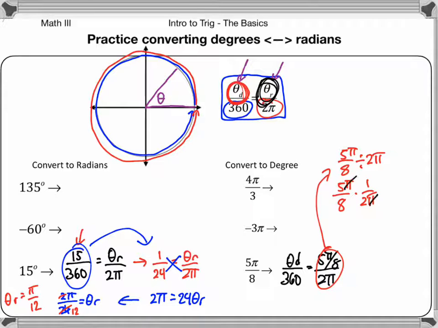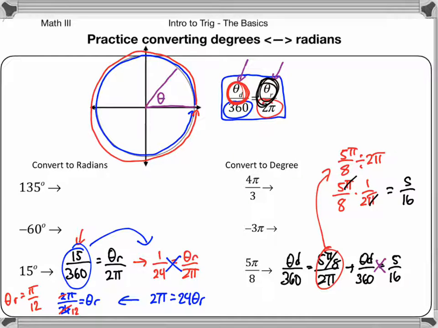These are going to cancel out. And so multiplying straight across, we have on the right-hand side 5 over 16. And so when we rewrite this, we get theta d over 360 equals 5/16. Let's cross multiply and see what happens.